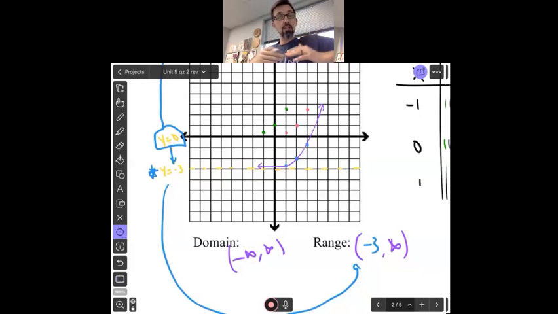If it's on the axis, I don't expect you guys to do that. No, -3 is not a bracket because we did not hit -3. There was no number we could ever plug in that would give us -3 as an answer. It'd only get close to -3, Peyton. All right, that's why we draw it like this on that left side, because it's not going to hit -3. Make sense?